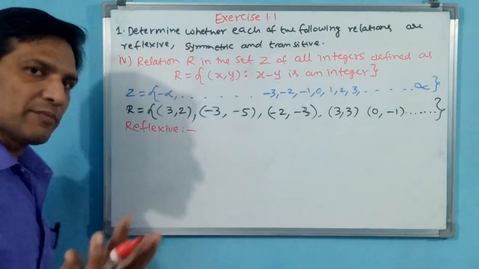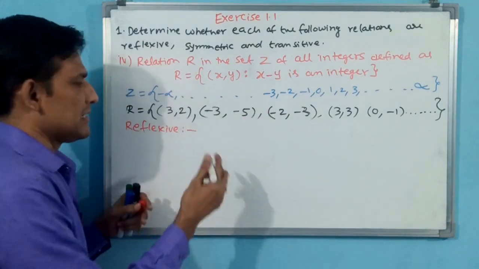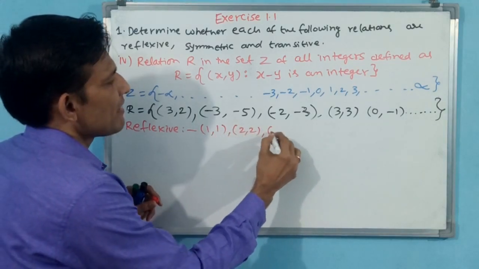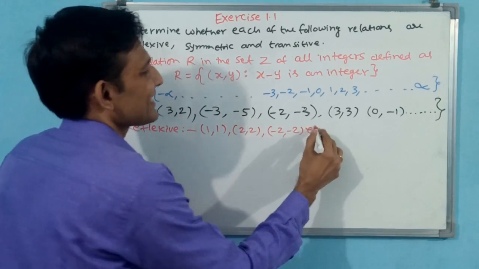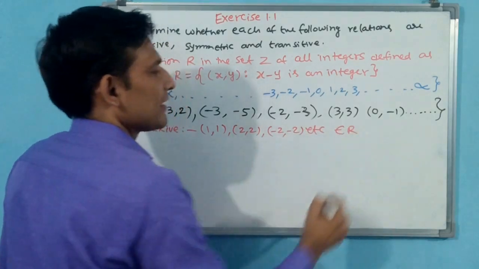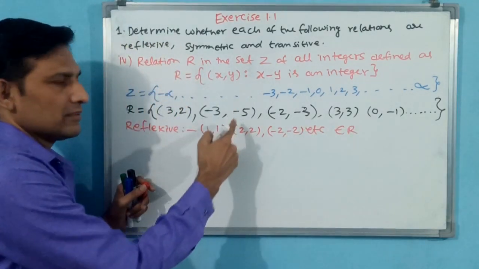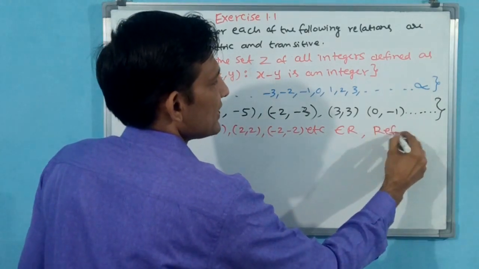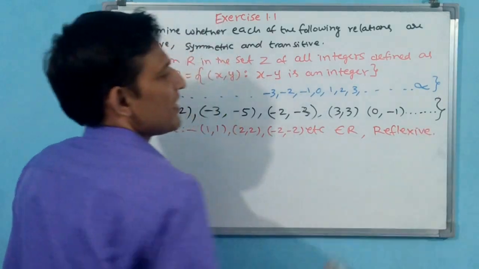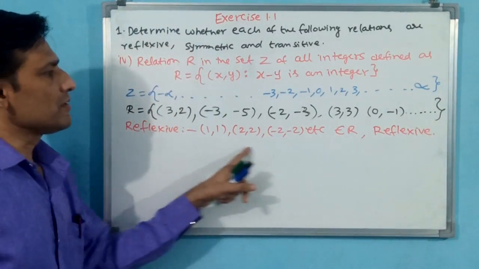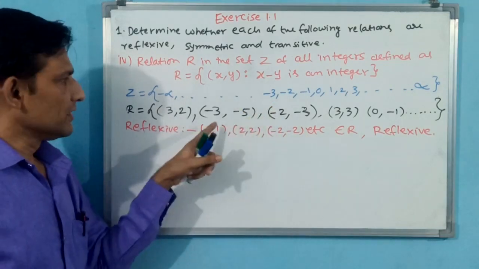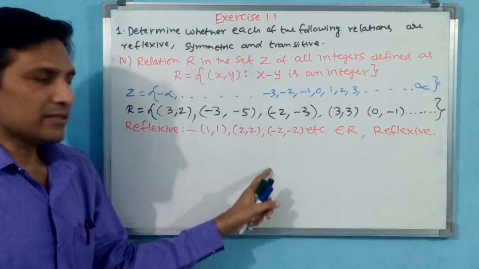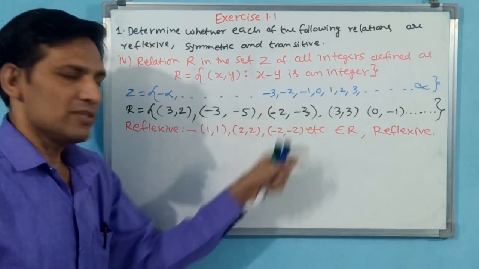That means 1, 1, 2, 2 like that are available here. (1, 1), (2, 2), (-2, -2), etc. belong to R. That means such relations are there. We have written only 3, 3, but all such relations are there. That is why this is reflexive.